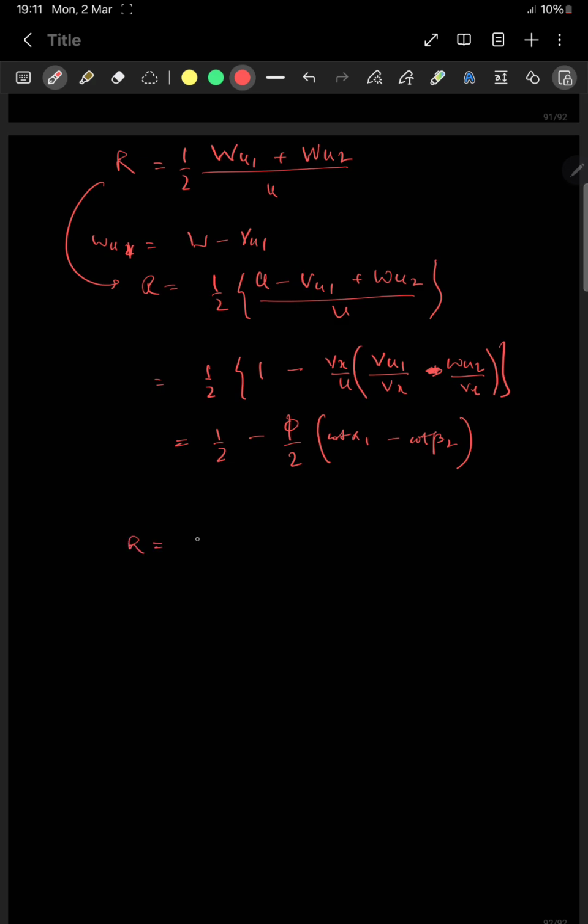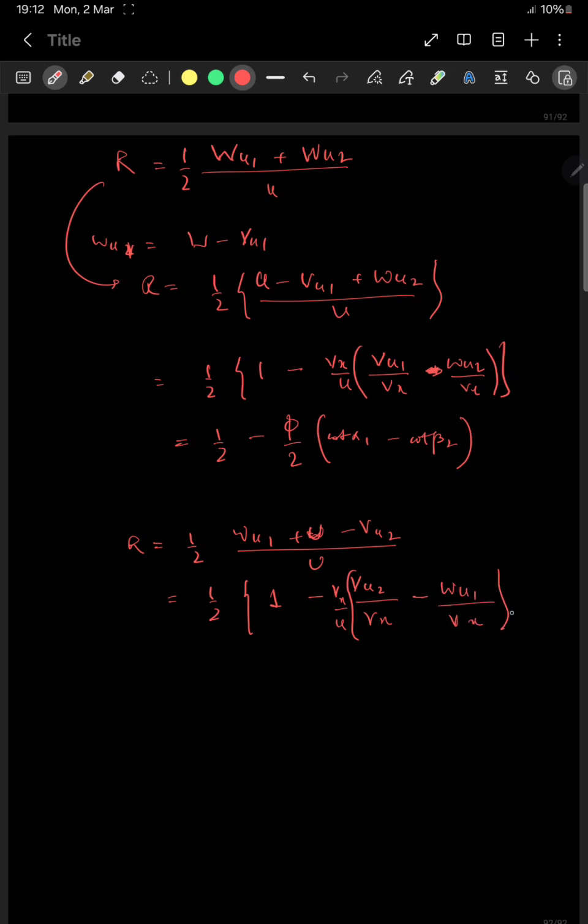Again, if we write R equals half into wu1 plus u minus vu2 divided by u, this is half into 1 plus, or we can write minus, vu2 by vx times vx by u minus wu1 by vx, right?